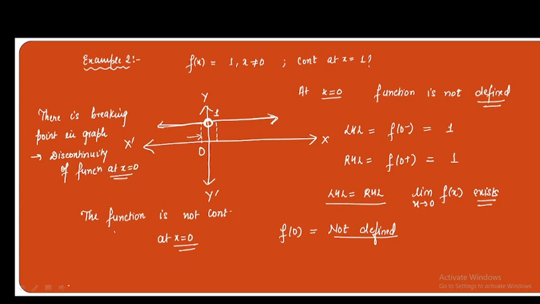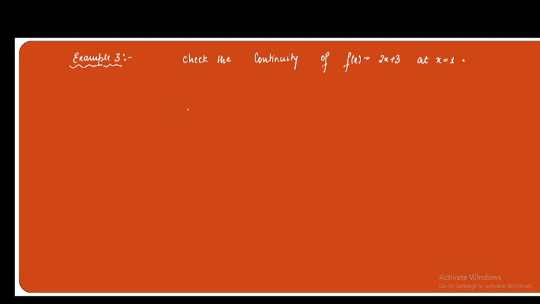Got it? Now we have to check the continuity of f(x) equal to 2x plus 3 at x equal to 1. For this you can draw the graph if you want, or you can do it using LHL, RHL.